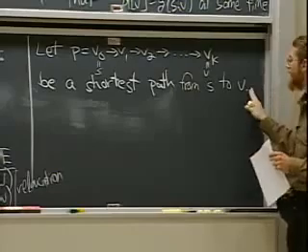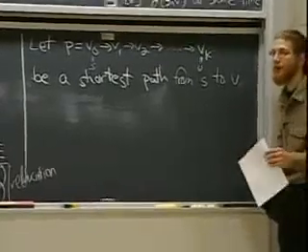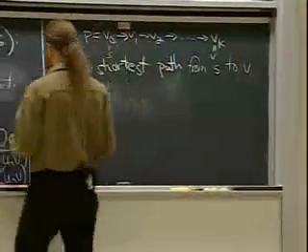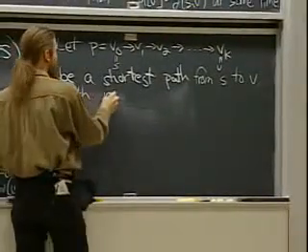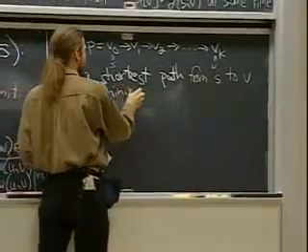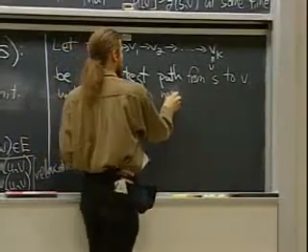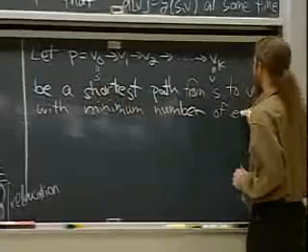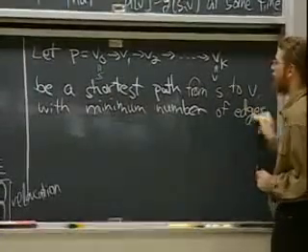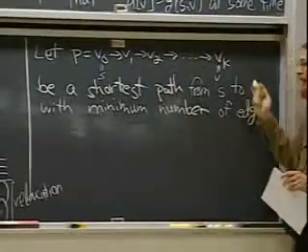Now, I also want it to be not just any shortest path from s to v, but among all shortest paths from s to v, I want it to be one with the fewest possible edges. Okay, so shortest here means in terms of the total weight of the path.